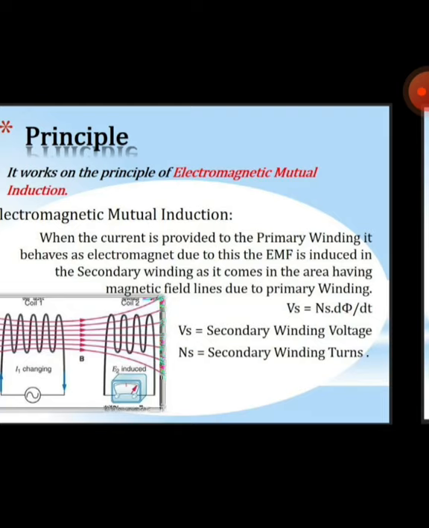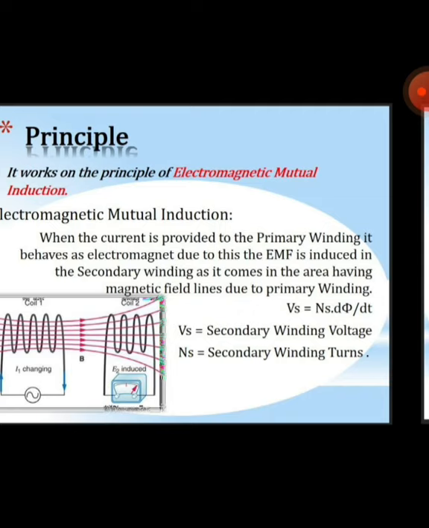Principle of transformer. It works on the principle of electromagnetic mutual induction. What is electromagnetic mutual induction? When the current is provided to the primary winding, it behaves as an electromagnet, and an EMF is induced in the secondary winding as it comes in the area having magnetic field lines due to the primary winding.